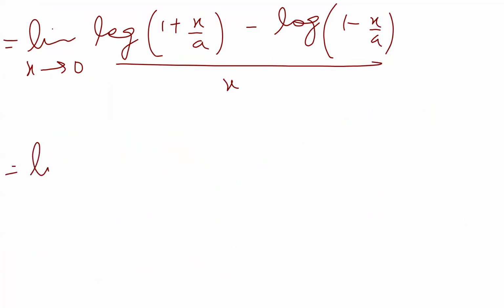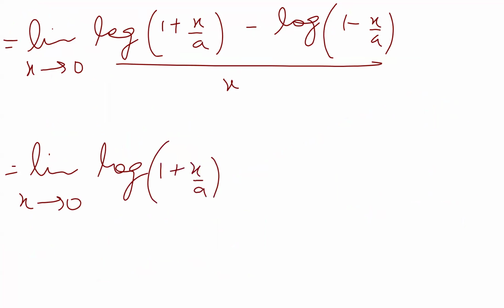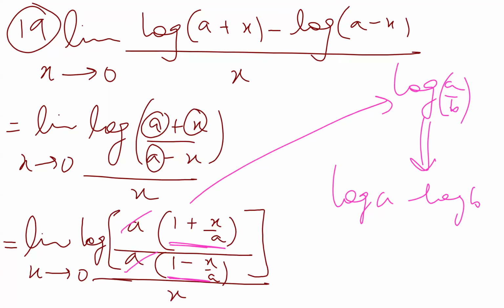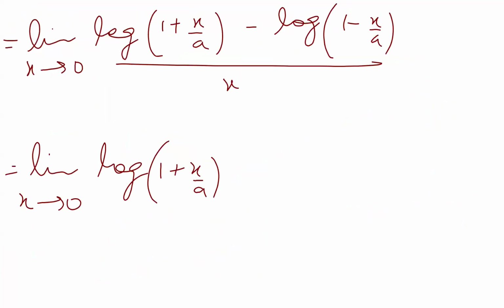Now split. Sir, I had a doubt. Since the formula is log 1 plus x, for the second one can we write log 1 plus bracket minus x upon a? One and the same thing. Correct, you can write.